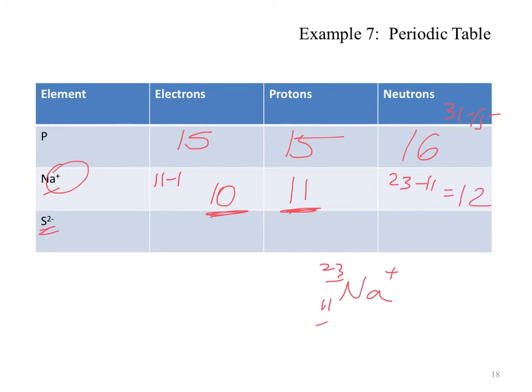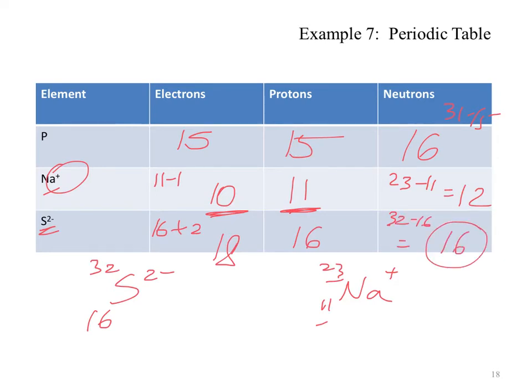If you do the same thing for S2 negative, you have 16 and 32. So 16 protons, 16 plus 2 electrons, because that's why you will have that negative charge, and that will give you 18 electrons. And 32 minus 16 is going to give you 16 neutrons. So that's how you're going to figure out the protons, electrons, and neutrons.